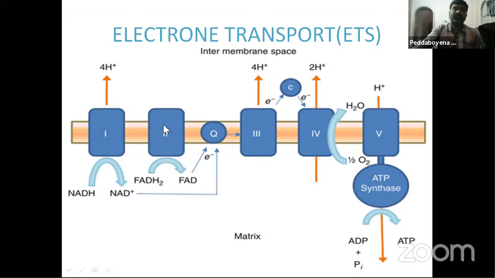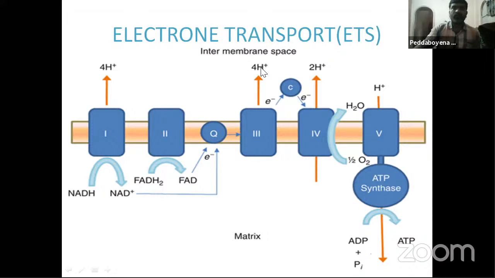So the complex 2 fulfills the loss of electron transport to complex 3. At that time, for every 2 electrons transported, 4 protons are pumped out to the outside of the inner membrane space. Complex 4 also releases protons outside.